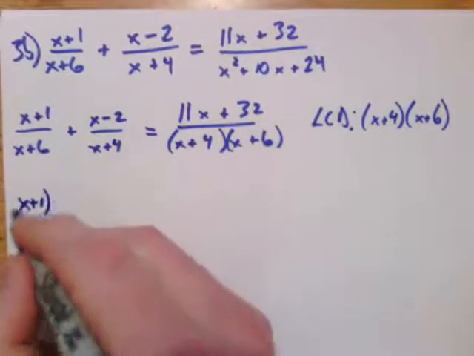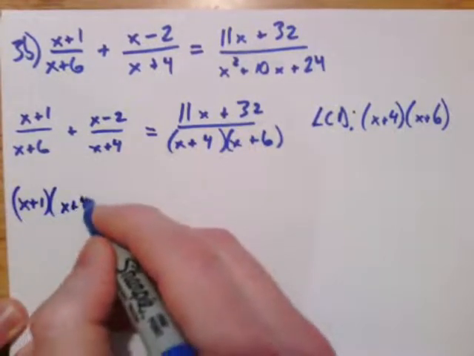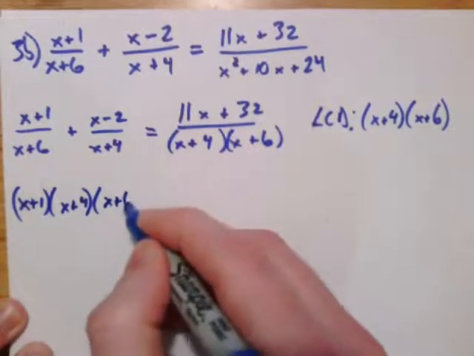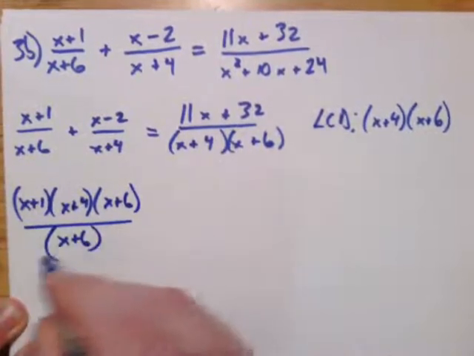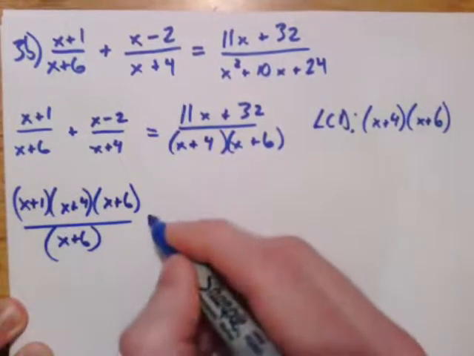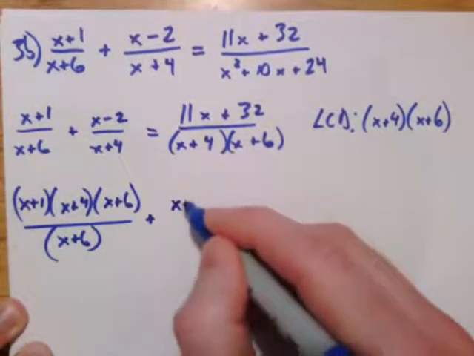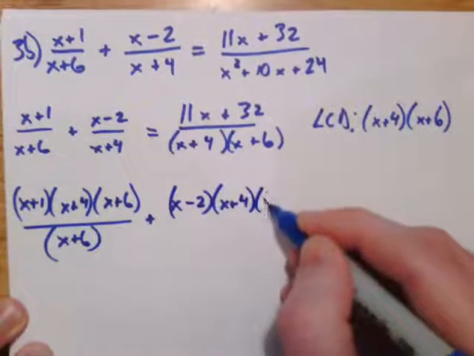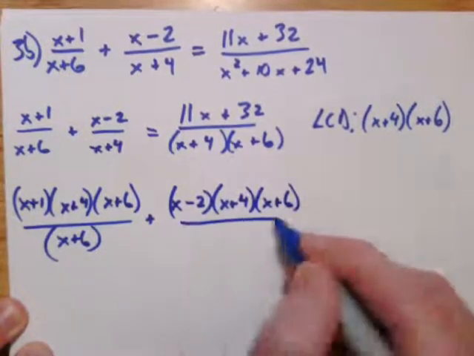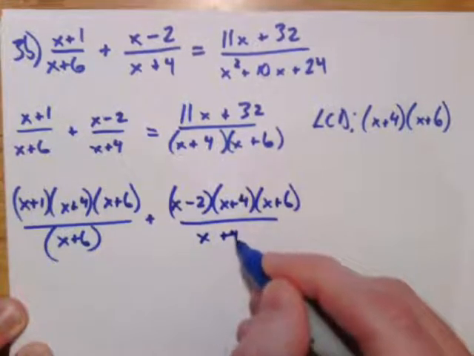x plus 1 times x plus 4 times x plus 6 all over x plus 6. You don't need those brackets on the bottom. It's the only thing there. Plus x minus 2 times x plus 4 times x plus 6 all over x plus 4.